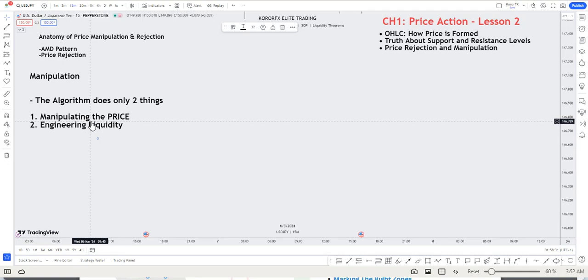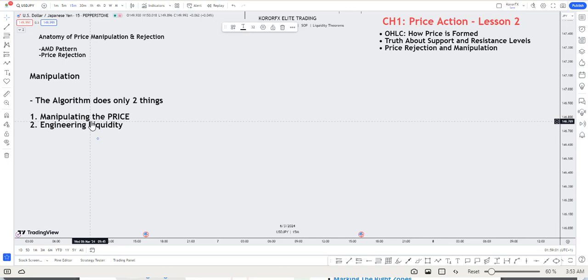But why does the algorithm do these two things? That's the question. The answer is that this algorithm or program they use is designed with human emotions within its logic, because this algorithm has a logic derived from the way the human mind works.